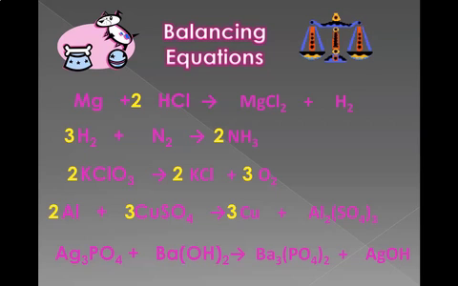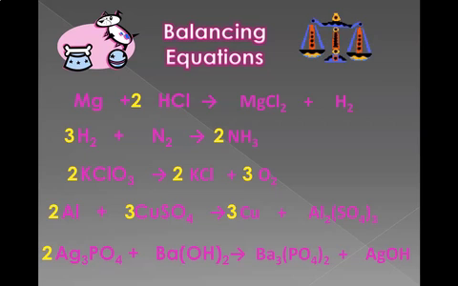Ag3PO4 plus Ba(OH)2 makes Ba3(PO4)2 plus AgOH. So let's start at the beginning. I have 3 silvers, and I only have 1 on the right. So I'm going to want to change that, but I'll come back to that in a minute.